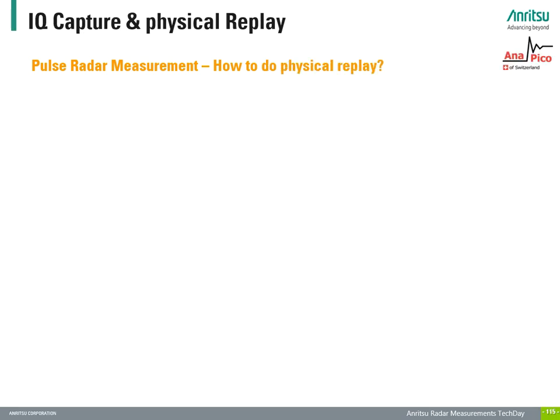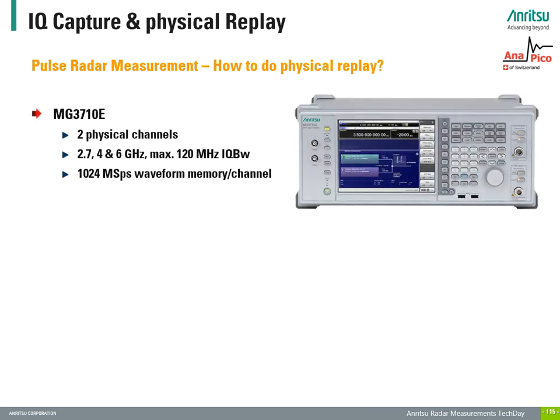So, what do we need for physical retransmission? Usually the same as previously discussed, but also probably on different frequencies. First of all, there is the vector signal generator MG3710E.